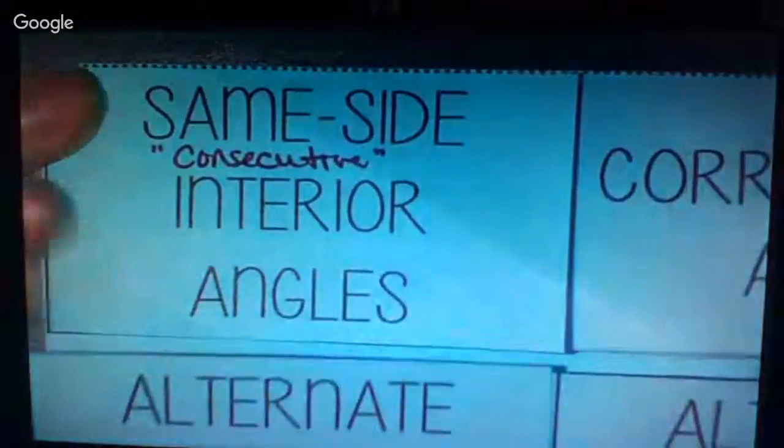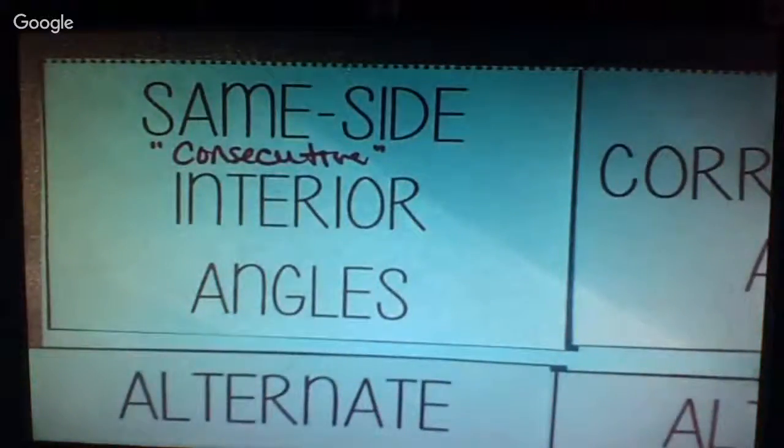If they use the word consecutive, that means same side. And why are they going to use that? Because it's going to confuse the heck out of you. They will interchange it just to confuse you. Okay, we're talking same side interior angles.